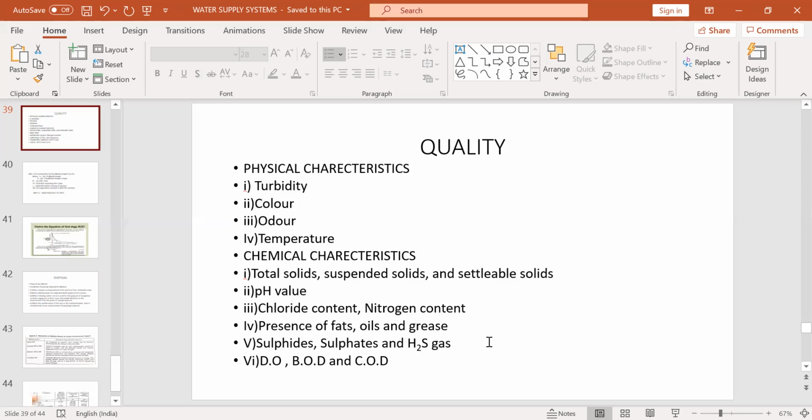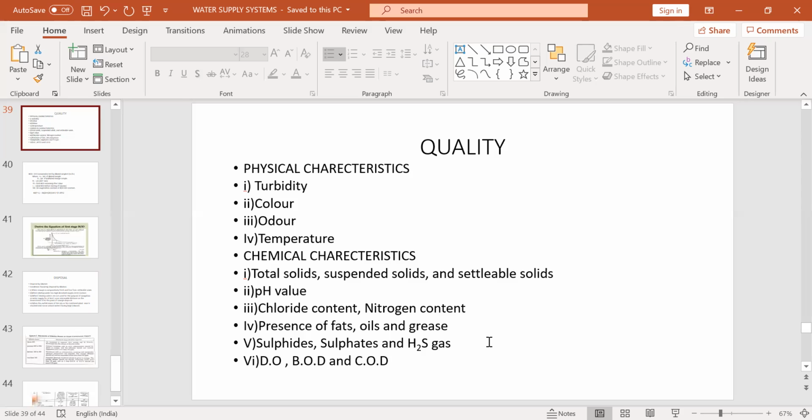Now the DO test is performed on sewage before the treatment and helps in indicating the condition of the sewage. If the temperature of the sewage is more, the dissolved oxygen content will be less. The solubility of oxygen in sewage is 95% of that in distilled water. So again, the DO content is determined by Winkler's method. You have learned about titration and oxidation reduction processes in your chemistry.